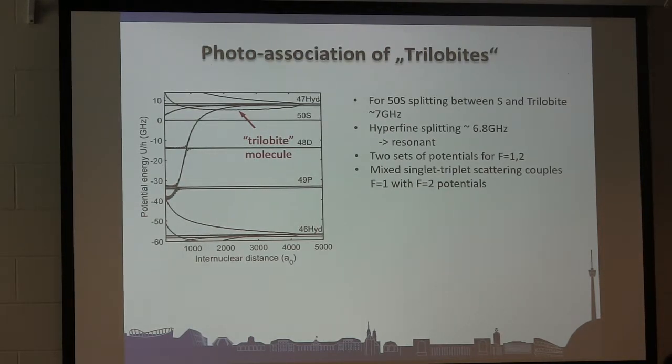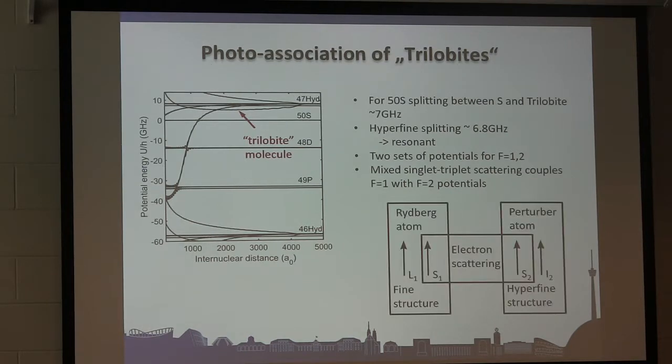And when we do the full calculation, this is the picture when we have only the spin up state for the ground state atom, but now we get a full set of these curves again for all the ground state atoms. And so what we make use of now is that there is some weak coupling over all these terms between the nuclear spin of the perturber atom and the orbital angular momentum of the Rydberg atom.